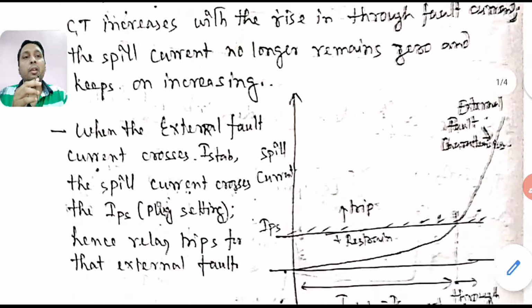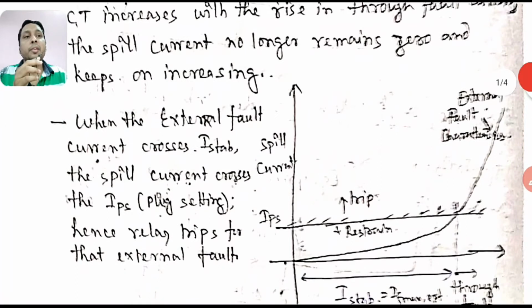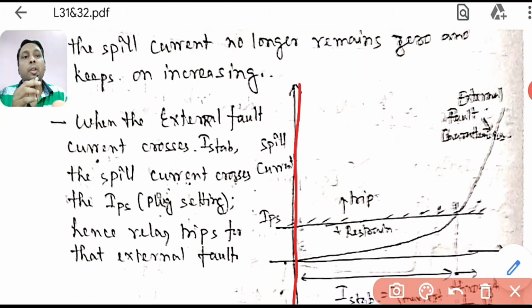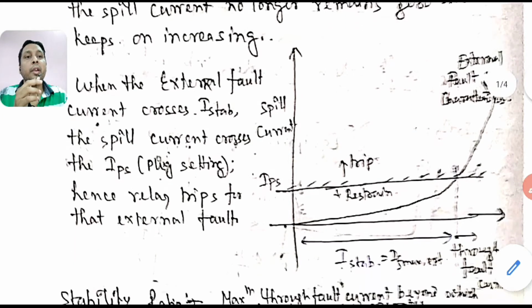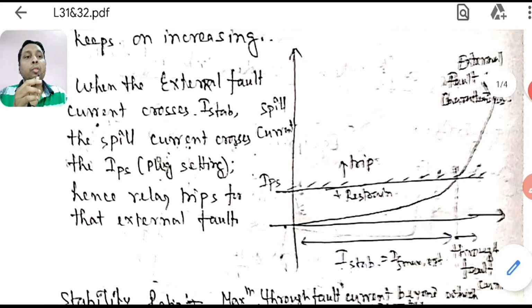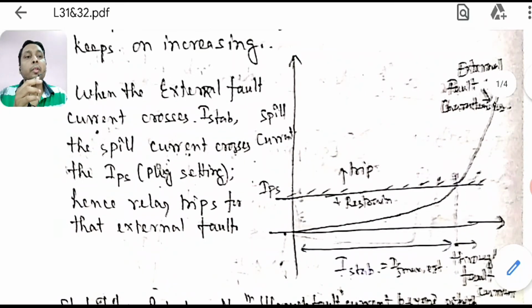So if you see the characteristics of a simple differential protection scheme, this is my axis, and what is this axis? This is the spill current, the current that is passing through the middle branch, and this other axis is your external fault current, or through fault current.